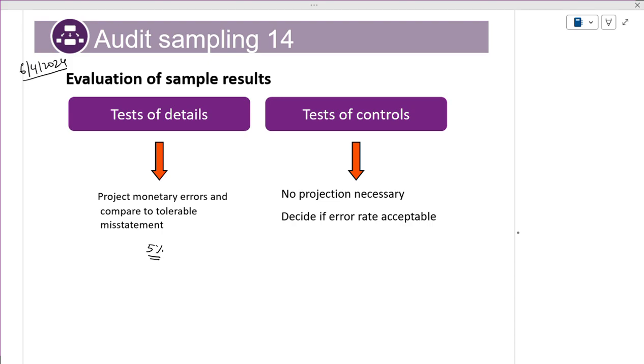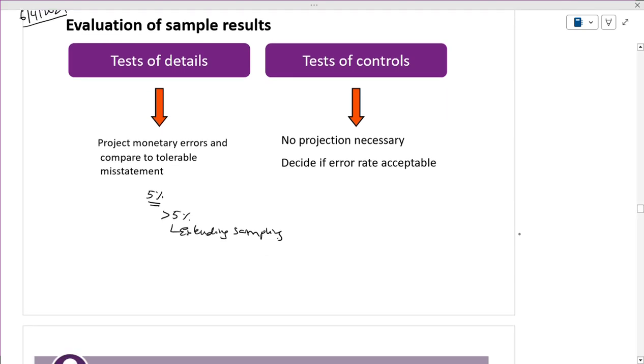Now if it is going to be beyond 5%, then we will extend what? We will extend the sampling. We will do more. We will verify more transactions. Okay, that is the projected monetary errors compared to tolerable. We are making a projection and we are comparing with what?